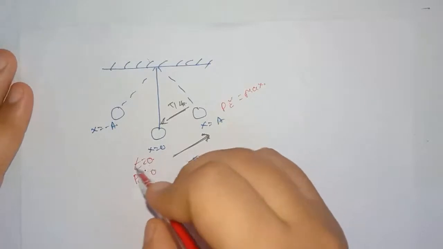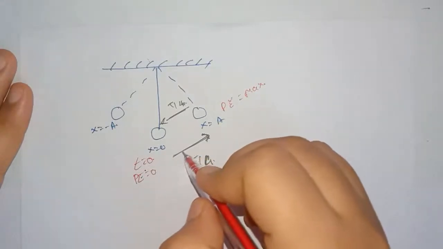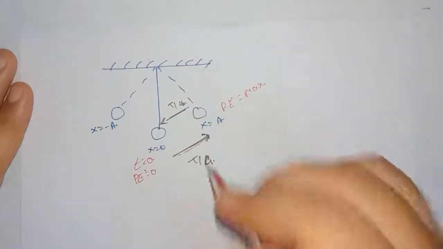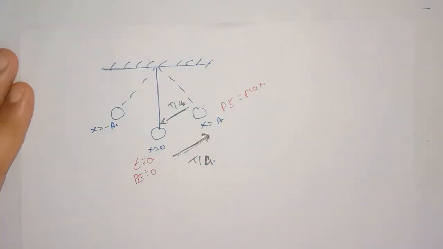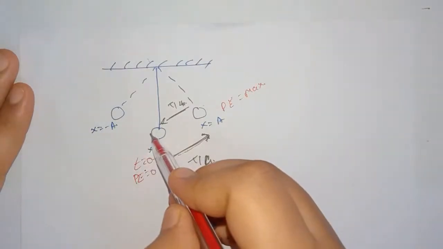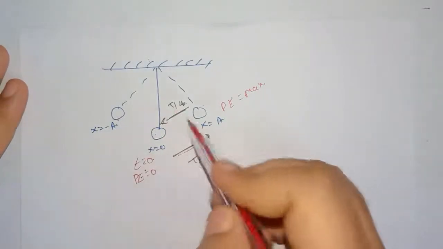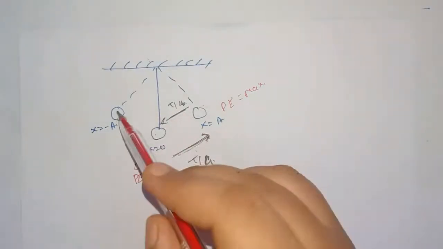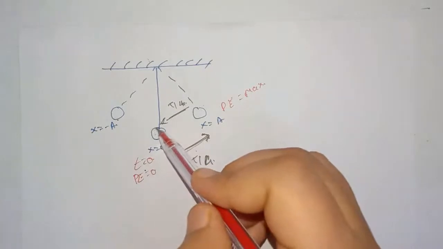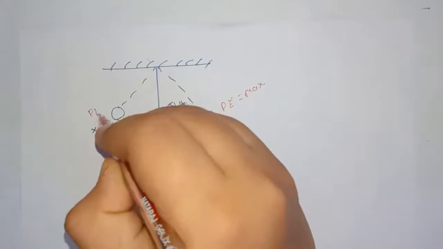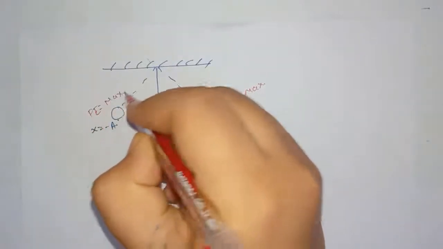So the value of potential energy is repeating after total T by 4 plus T by 4, that is equal to T by 2 time. On the opposite side, the scenario will be the same. From x equals 0 to x equals minus a, time taken will be T by 4. From minus a to 0, time taken will again be T by 4. At this point, potential energy will be maximum.